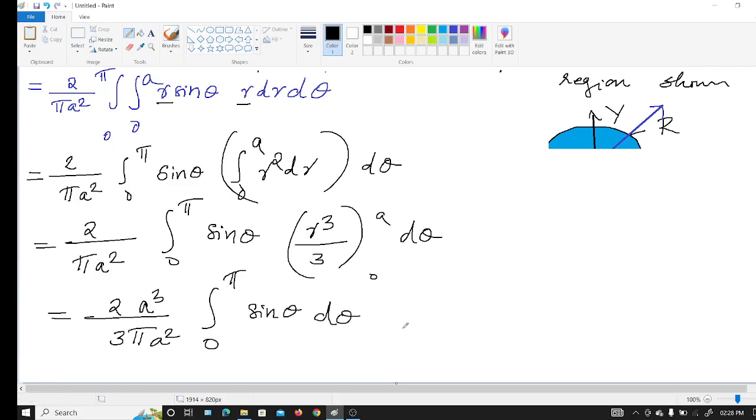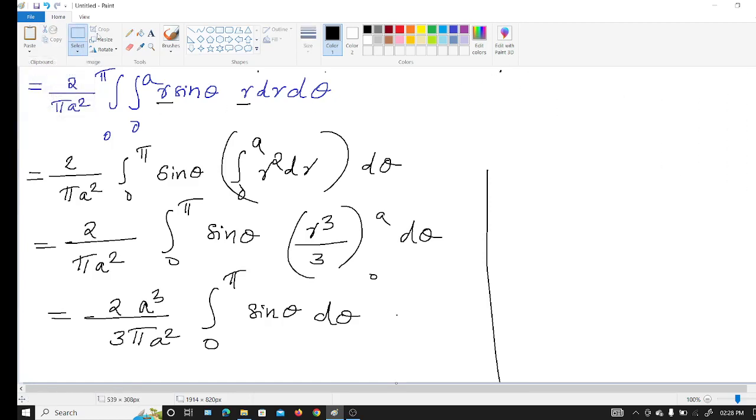So this is equal to 2 by 3 pi. Now we can cancel one a square. So a is here.